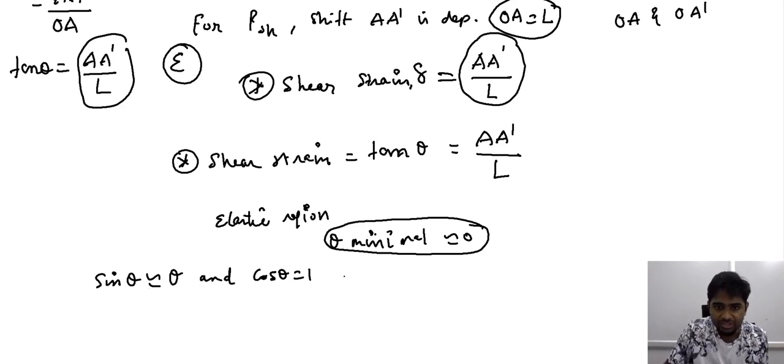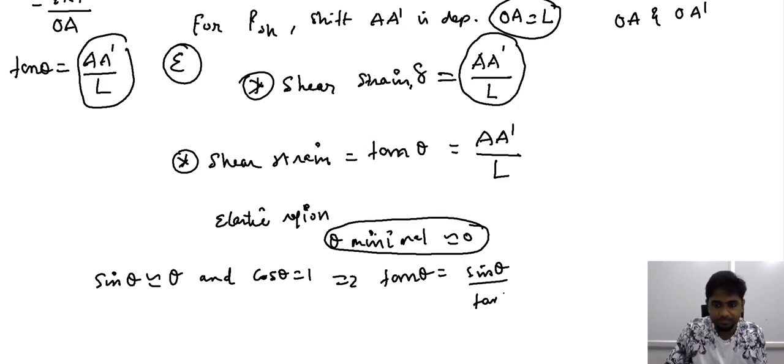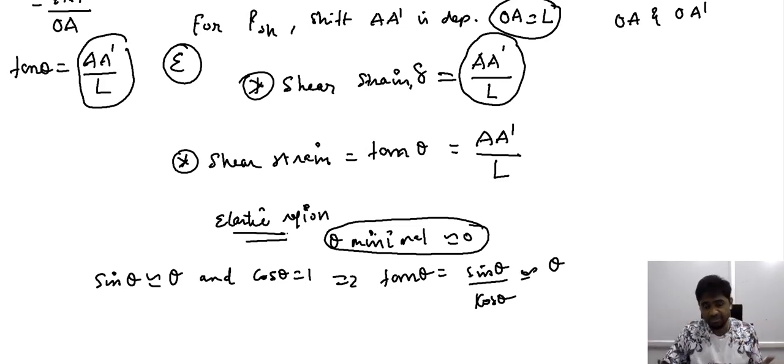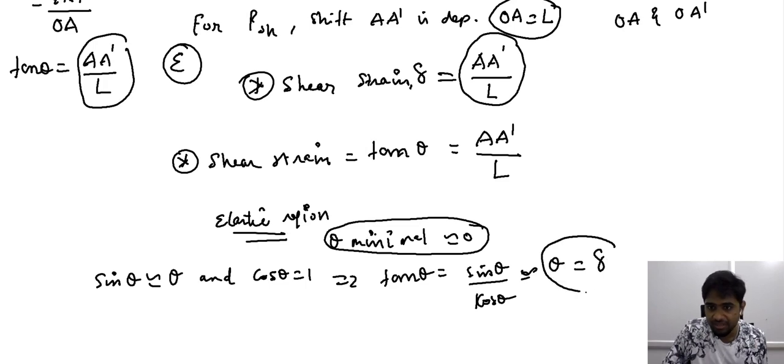So under this condition, tan of theta, which is sine of theta to cos theta, will be equal to theta. So under elastic deformation or elastic distortion, tan of theta will be equal to theta. This is nothing but the shear strain that we observe.